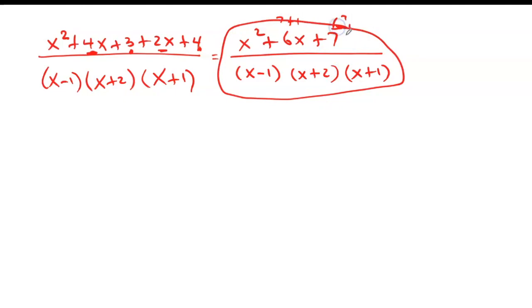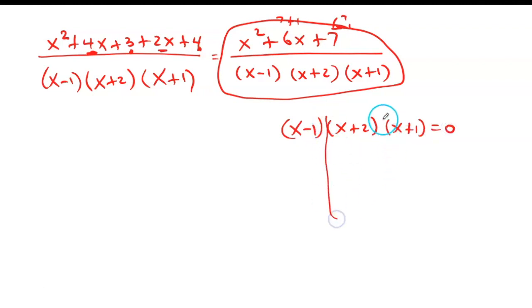Now, once we have the answer, like I said, most of the time we're going to be able to cancel the top and the bottom. Once there's nothing else you can do, then we go back to the restrictions. So we're going to get x minus 1, x plus 2, and x plus 1, everything equals 0. By now, I hope you remember that it basically changes the sign.